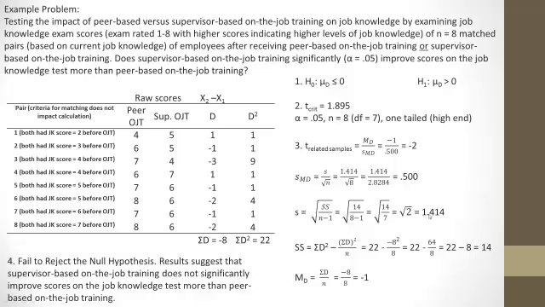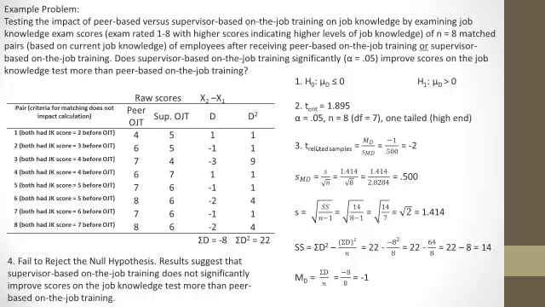Then you plug that 1.414 into your estimated standard error of the difference formula here. You've got your sample size, taking the square root of that into the denominator, do the math, and you end up with 0.5. So, just due to random chance, even if there was no difference between peer based on the job training and supervisor based on the job training, we would expect about a spread of 0.5 among all the different scores in the population.